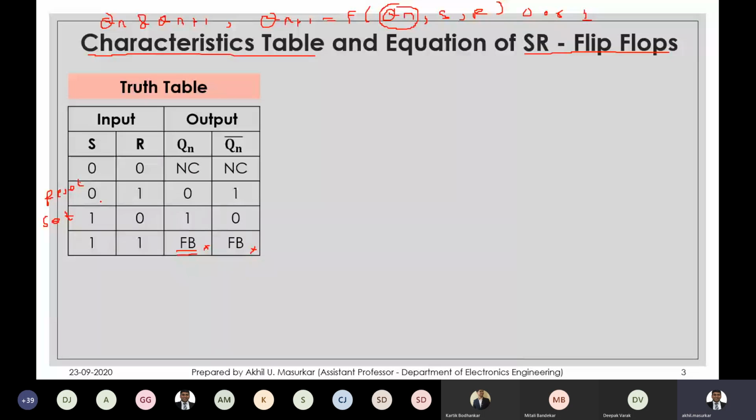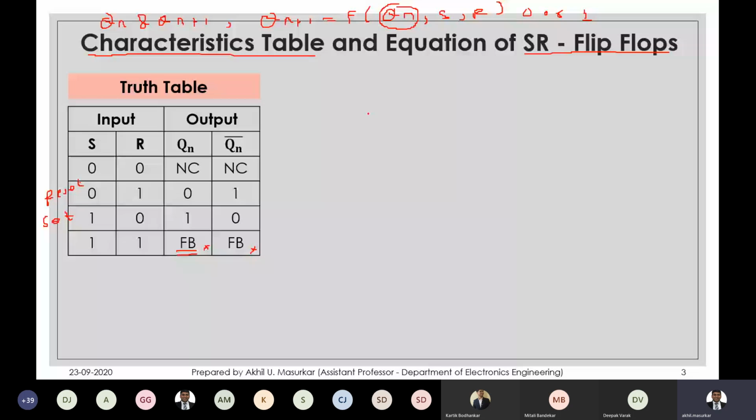When SR is 0 1, Qn can again be 0 or 1. When SR is 1 0, Qn can again be 0 or 1. The initial state can be anything, either 0 or 1. So everything in the SR truth table can have two possibilities of Qn, that is 0 and 1.